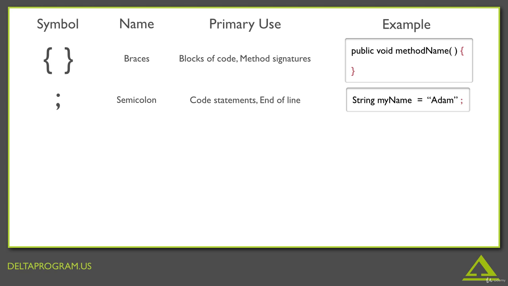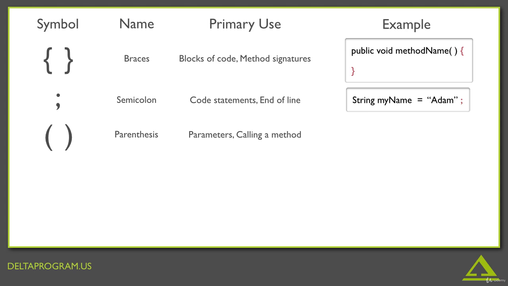Now it starts to get a little subtler. You have to look for more details. So let's start with parentheses. Parentheses are a new concept. They are not going to be what you're thinking of when you see parentheses in written English. Instead, in this case, they're actually having to do with passing in input, passing in what we call parameters.